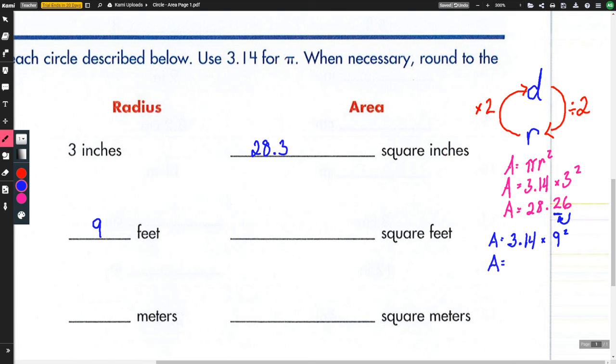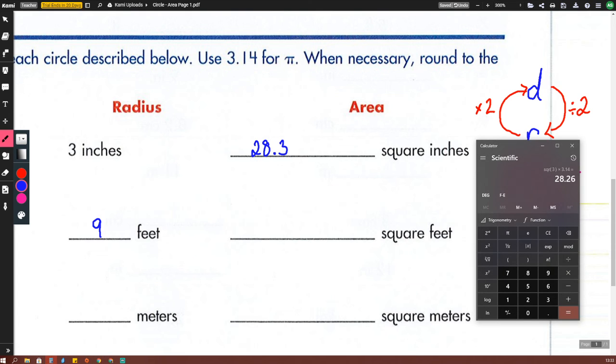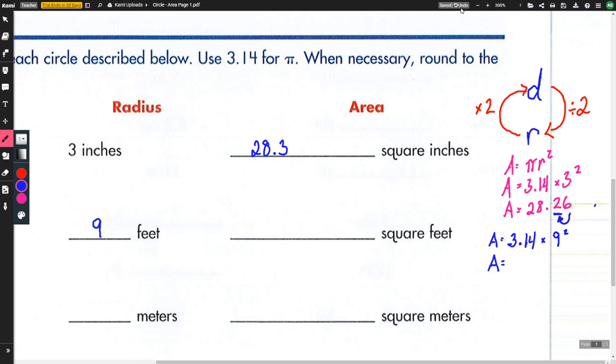Plugging it into my calculator, 9 squared times 3.14. I get 254.34. I still got to round though, so my tenth, 4 tells the 3 stay the same. I like the way you are. So my answer is 254.3.